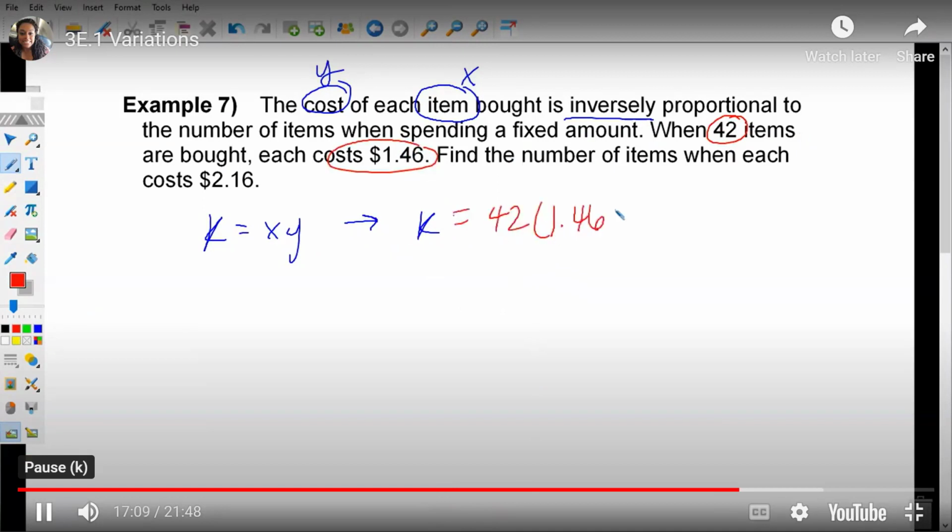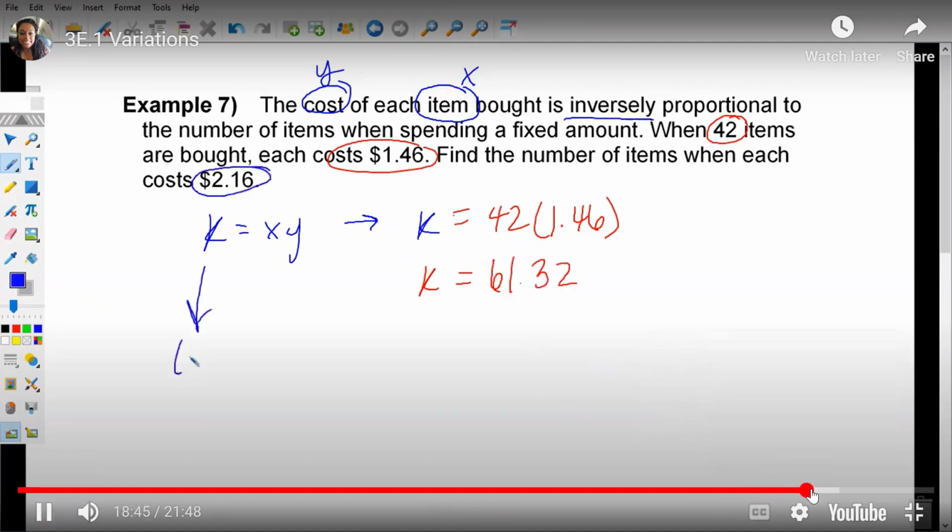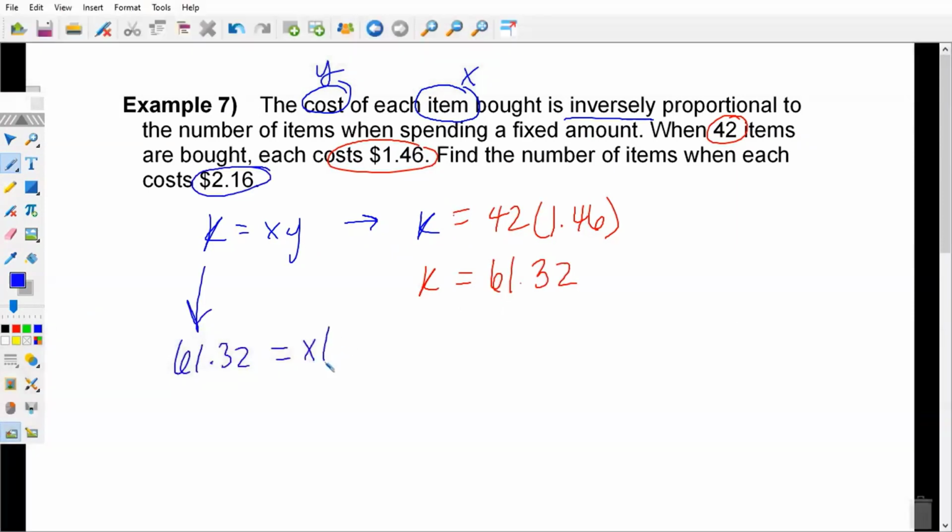It's $61.32, so you should get 61 and some change. Now 61.32 is my K, but now my cost is $2.16. How many items am I going to be able to purchase at that cost?